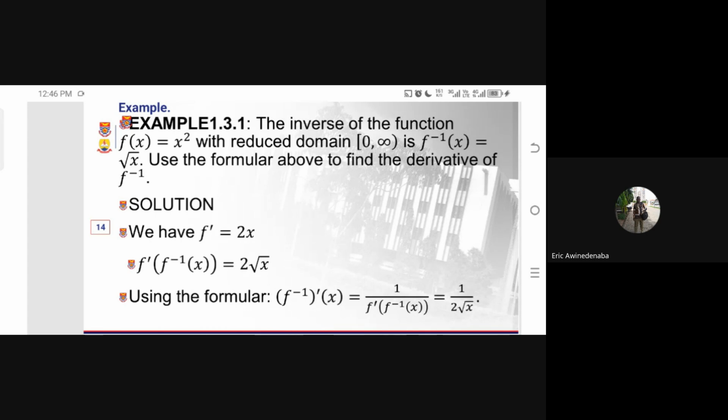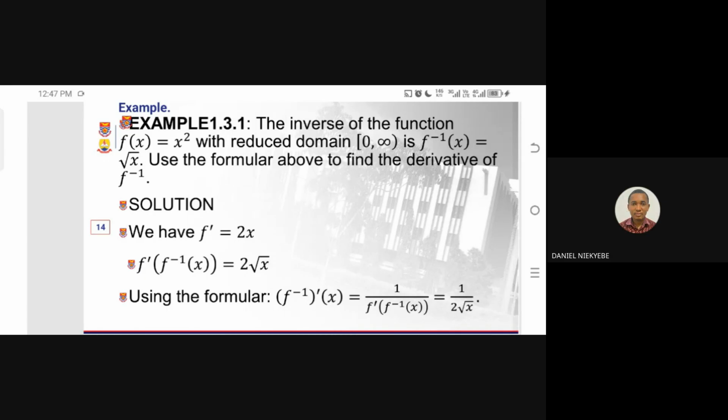The function f of x is equal to x squared, and f inverse is equal to root x. Solve it and see whether you are going to get x. Yes, you're going to get it.